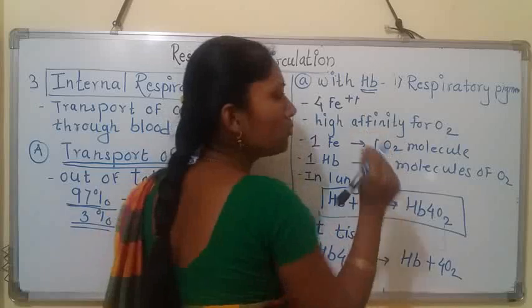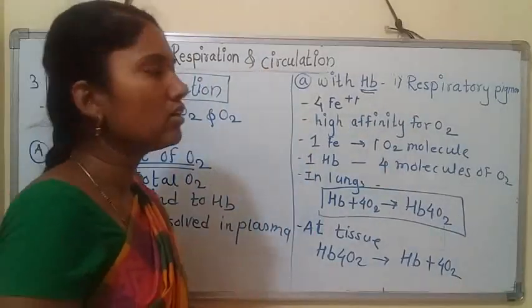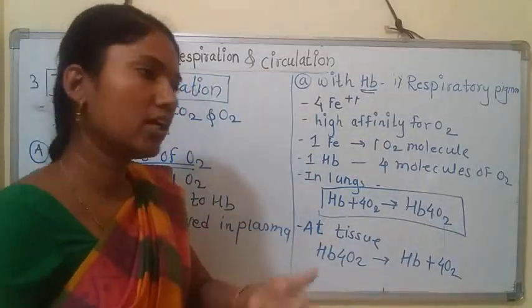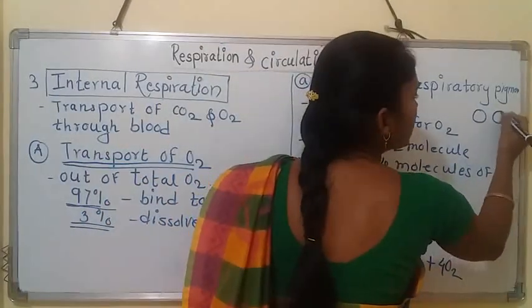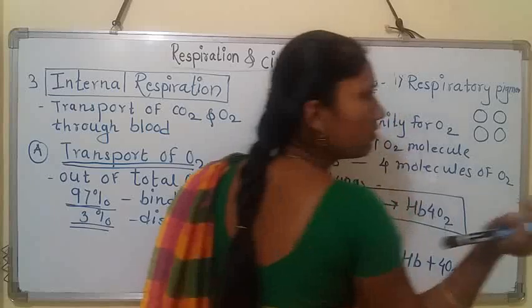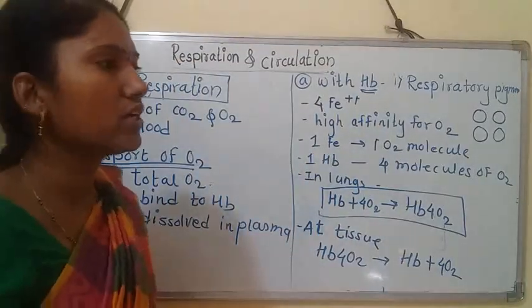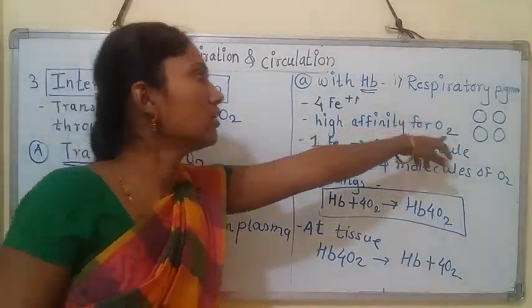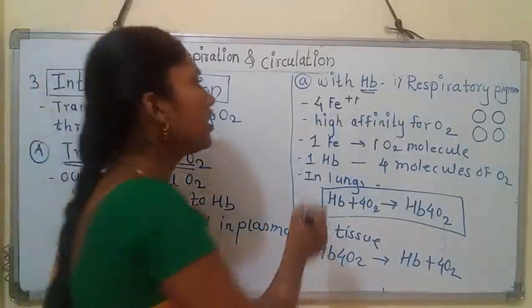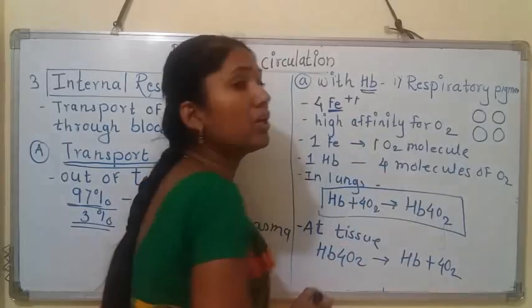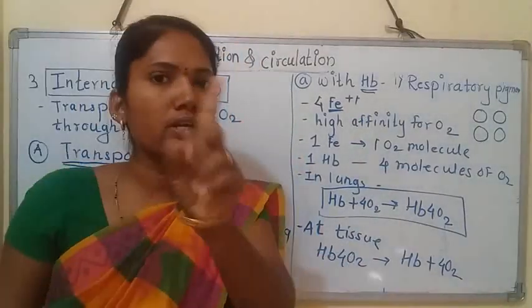You will learn detail about the hemoglobin in the next topic. But before that, hemoglobin contains 4 polypeptide chains. I think you have learned this in biochemistry. There are 4 polypeptide chains in the hemoglobin, and there are 4 iron Fe++ molecules in one hemoglobin.